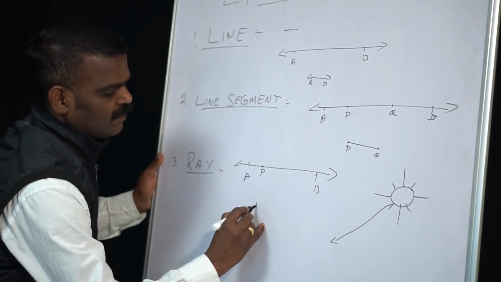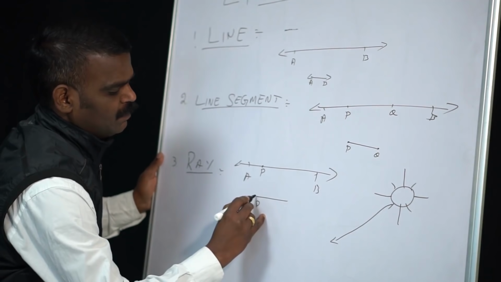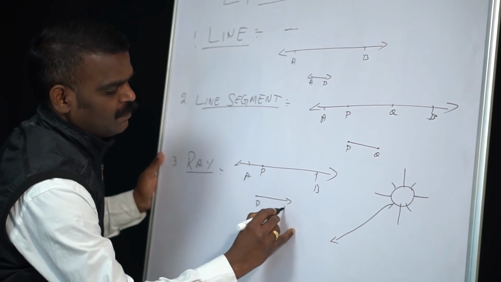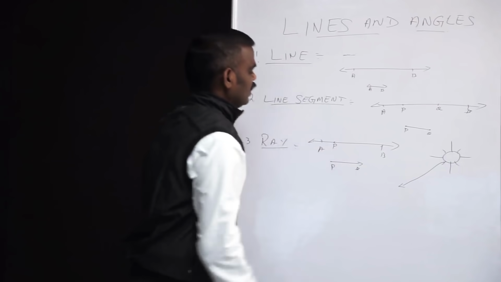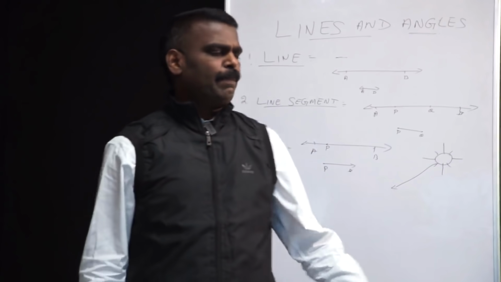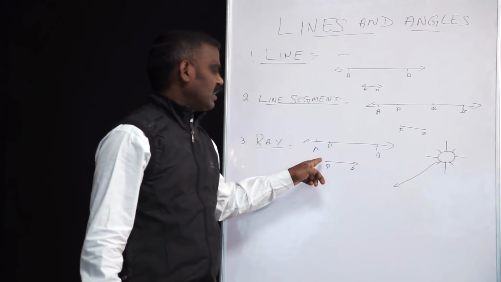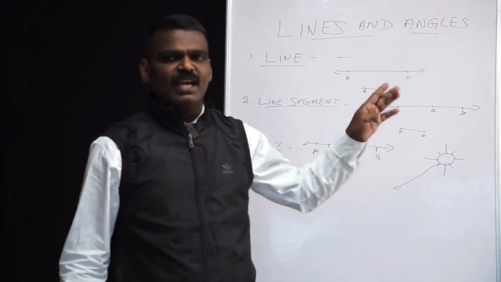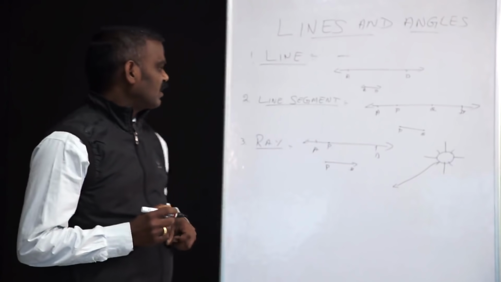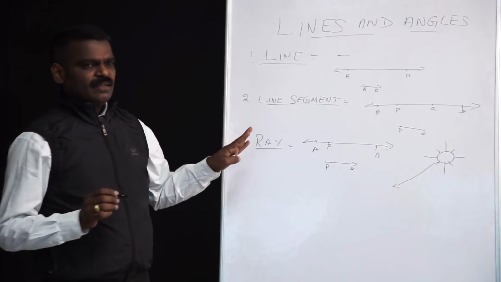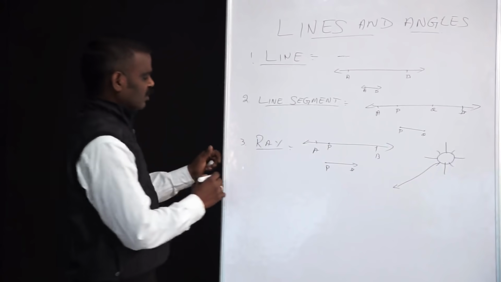So, we can take ray PB. The ray PB has starting point at P. Where it is going to end, do not know. Clear? Okay, write this point.